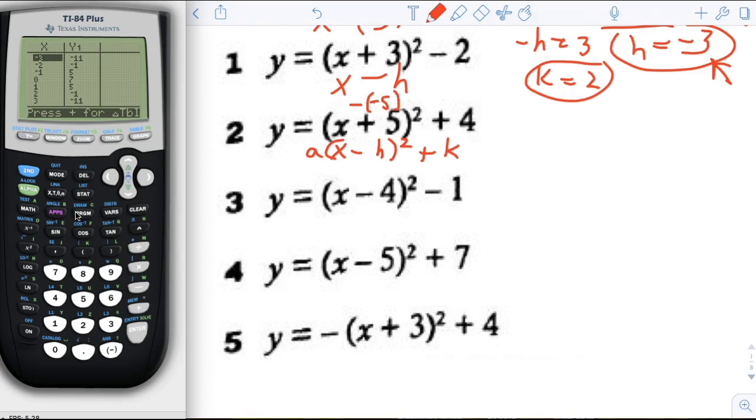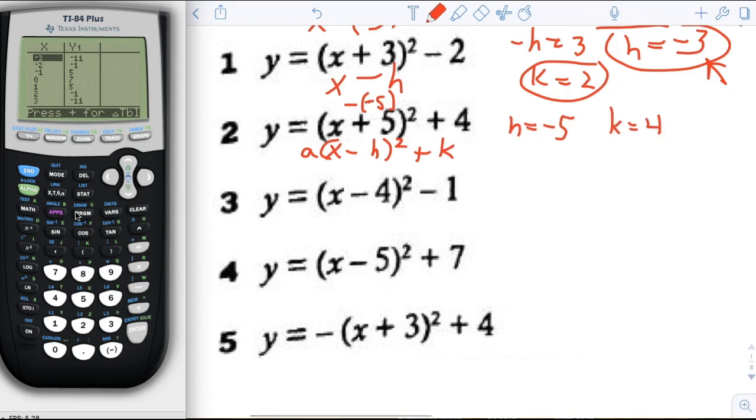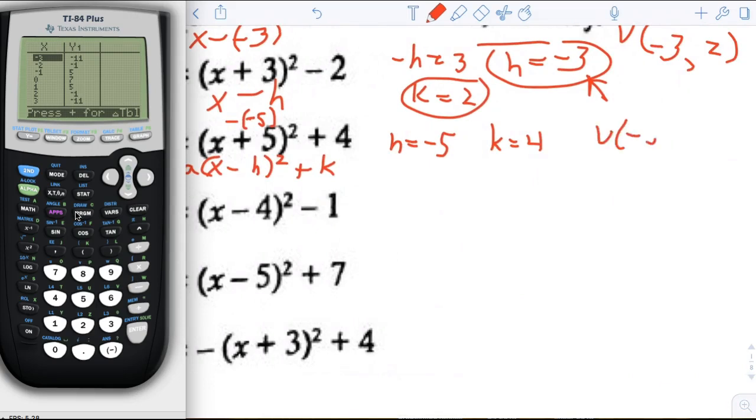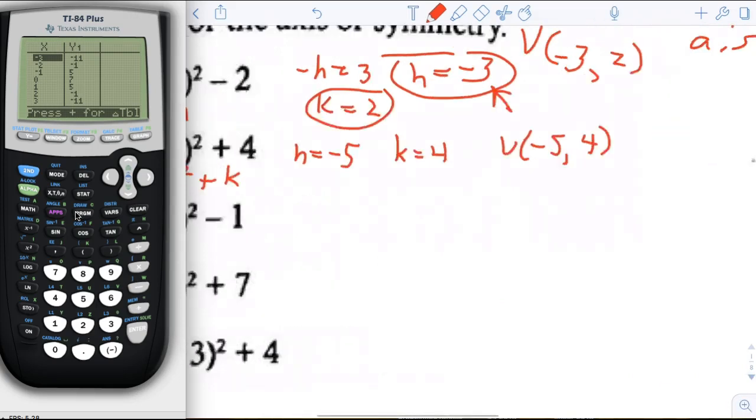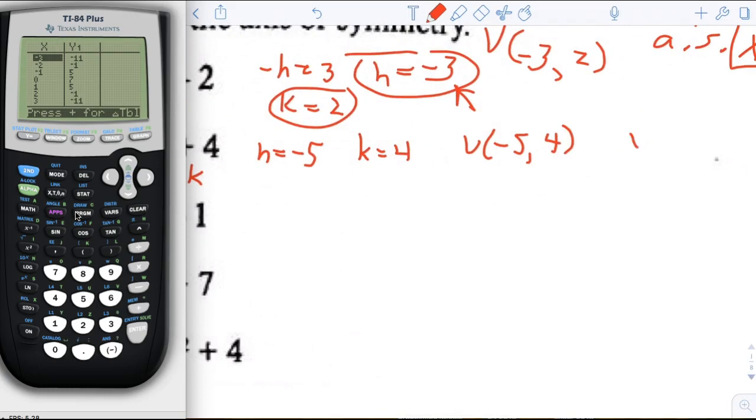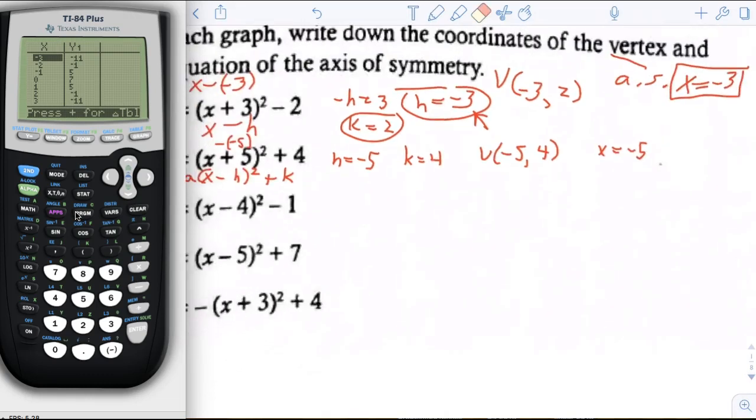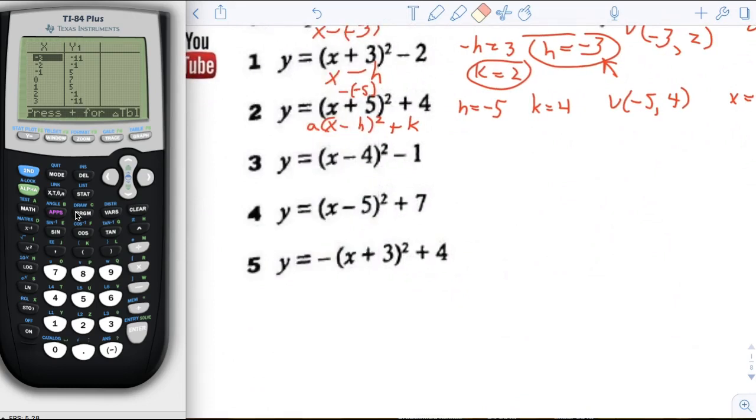So actually the h value is -5, and the k value is 4 in this case. So the vertex is going to be -5, 4. And the axis of symmetry is going to be x equals -5 because the axis of symmetry is always going to have the same x value as the x value of the vertex. Let's go to the next one.